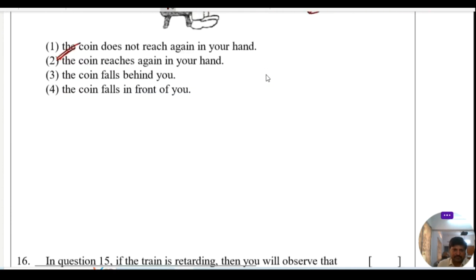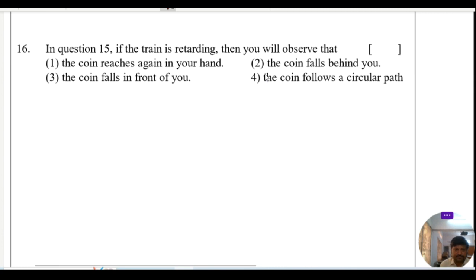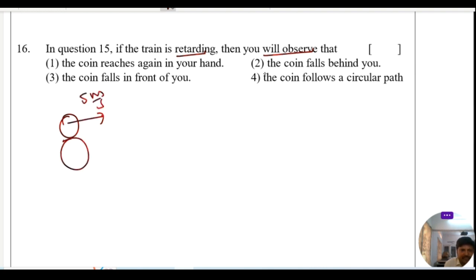15th one is the second option. Next, 16th question. If the train is retarding, then you will observe that... In the same question, the initial speed of the passenger is 5 meter per second and the coin's speed is also 5 meter per second. When the coin is released from the passenger's hand, its speed is 5 meters per second in the horizontal direction.